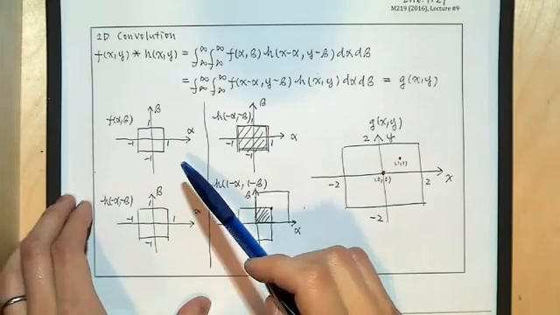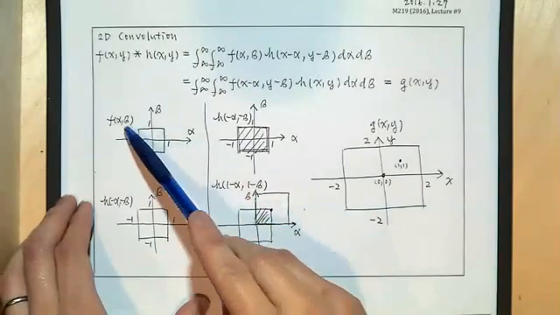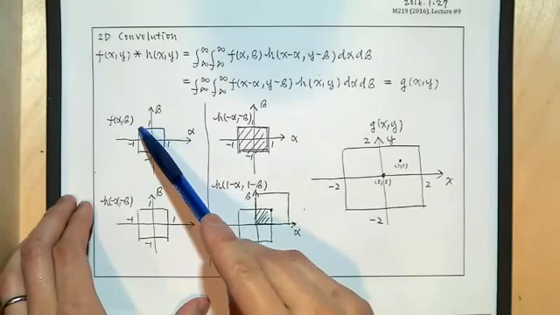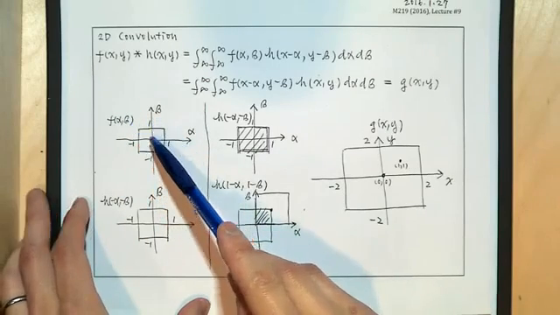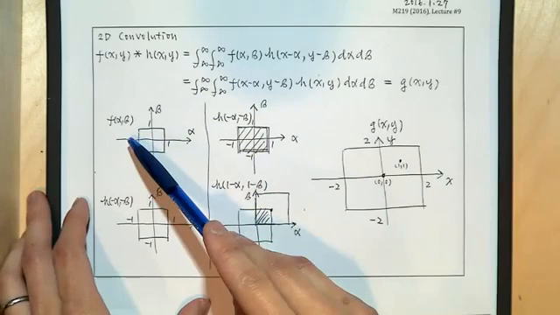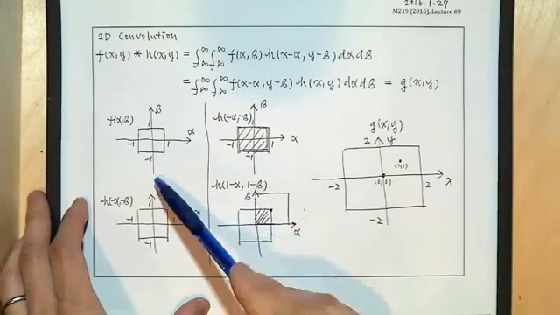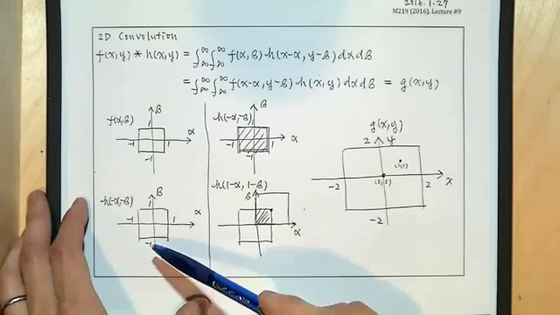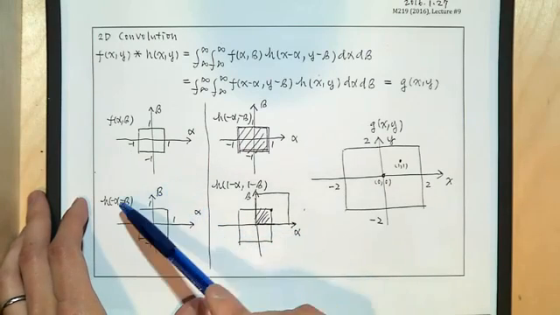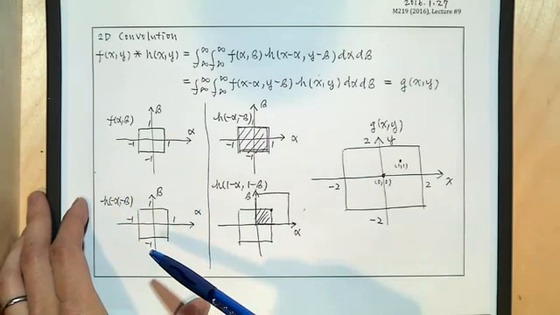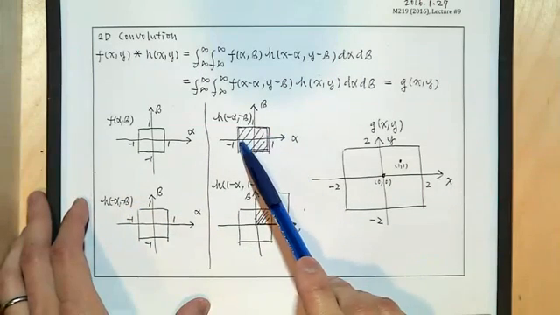Here I have two simple functions, f and h. You'll see that this is a square in 2D space, and I'm assuming again that h is the same as f, so that it's a square. And because a square is symmetric in x and y, when we flip x and flip y, it looks the same, as shown right here.